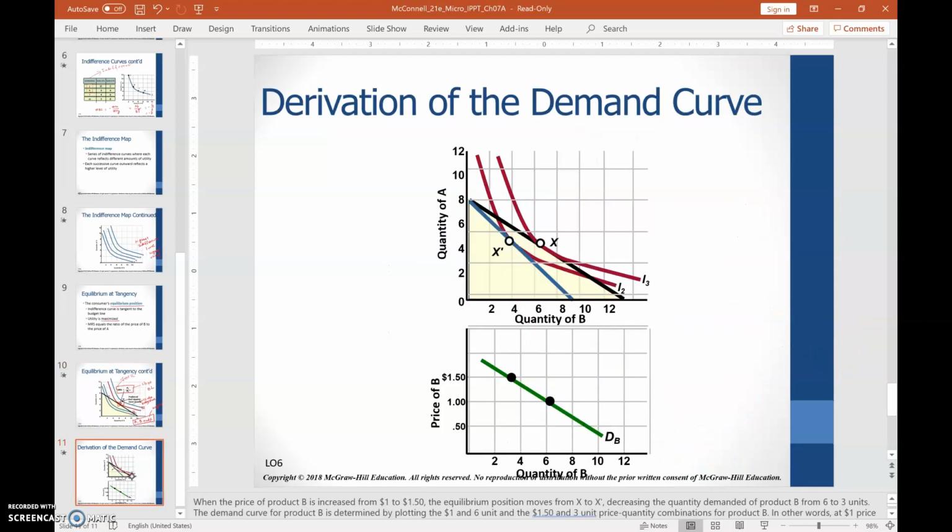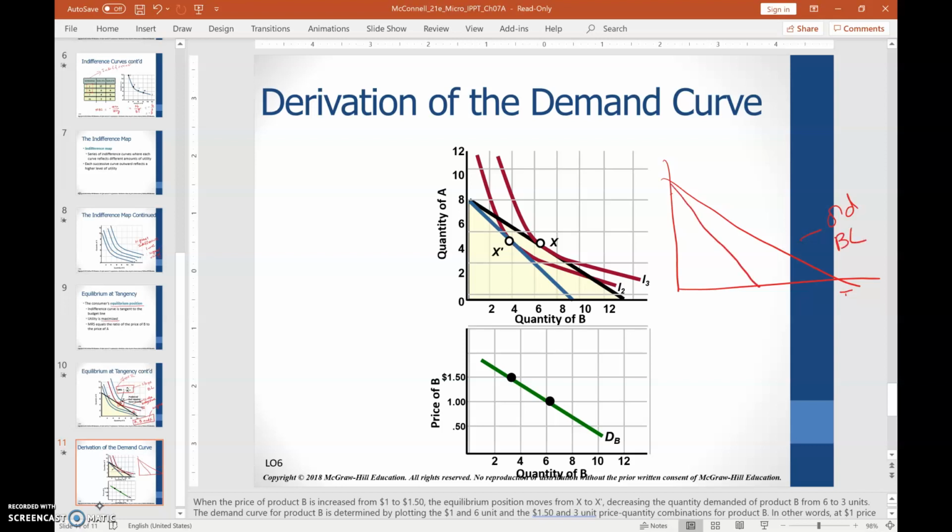Alright, the next slide is just showing us what happens when the price of B is going down and the consumption of B. So we can have this one as the old budget line. So this one, I'm just going to say here, this is the old budget line.